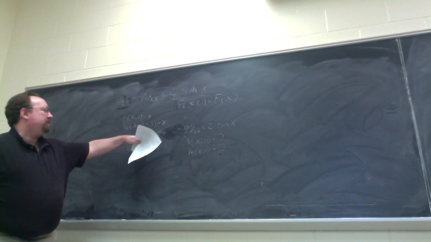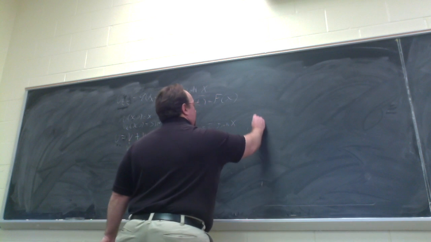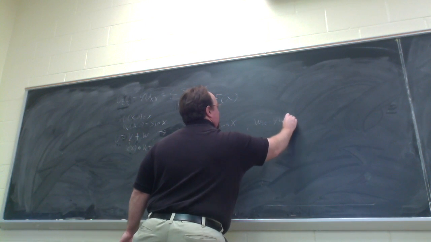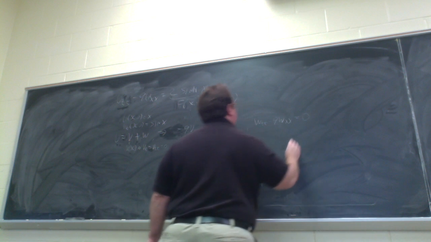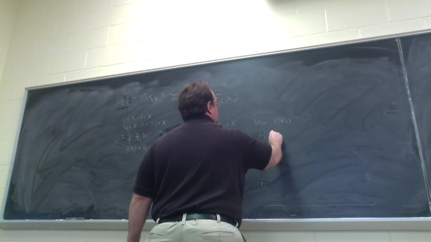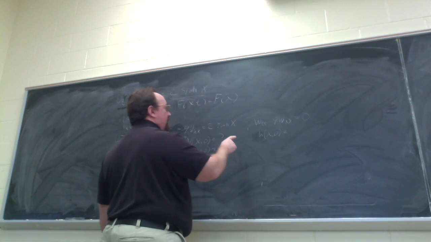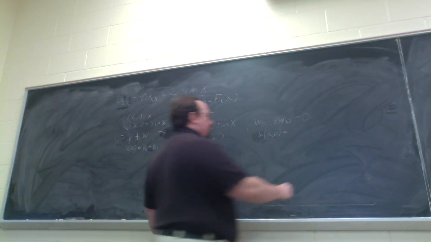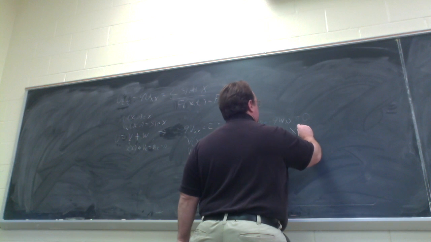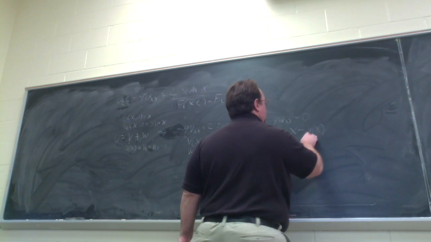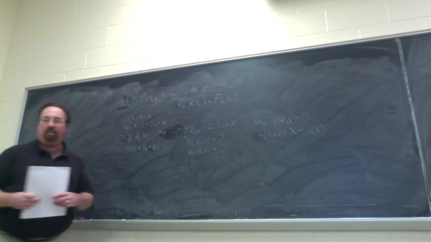And then what about w? Well, w satisfies the regular homogeneous wave equation. And then, what about the initial conditions? Again, you have to be a little more careful. So w of (x,0) is going to be the initial data from the original problem, x, subtracting off your v of x.